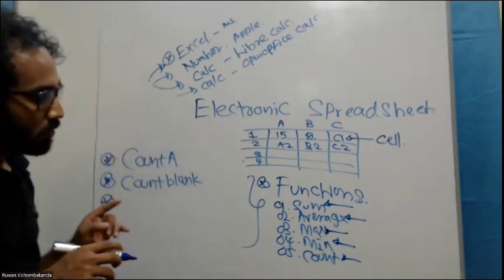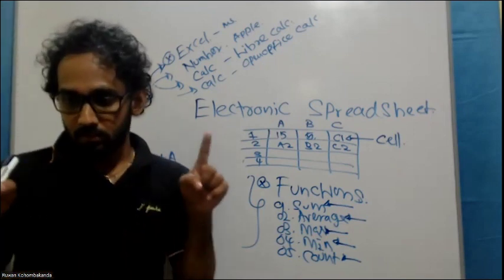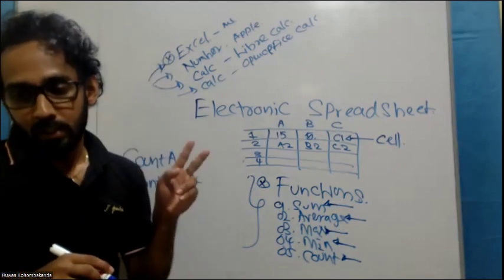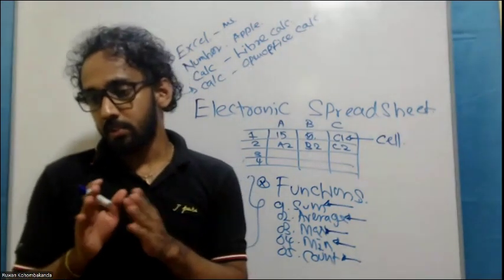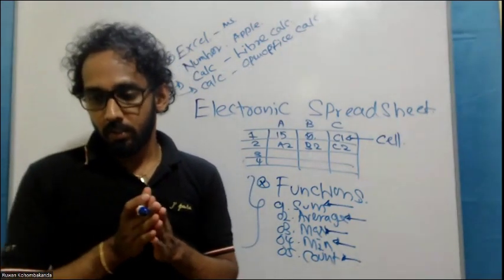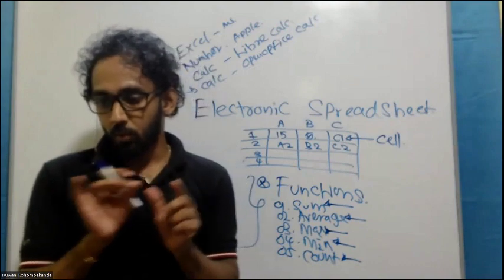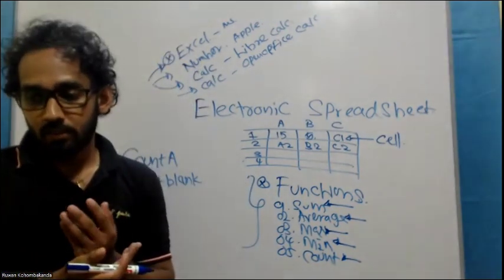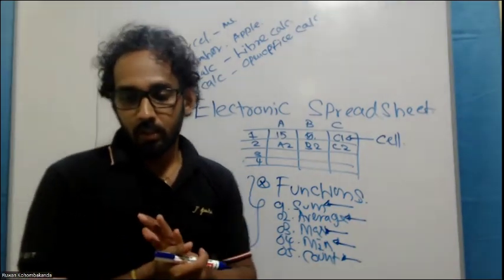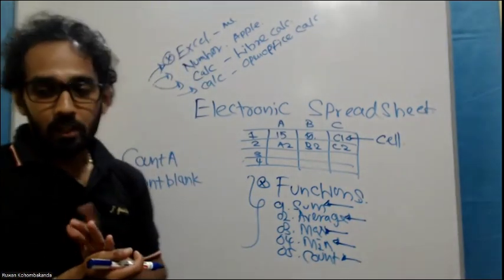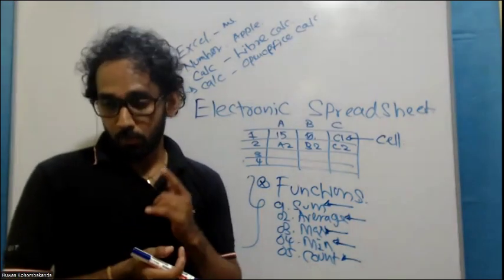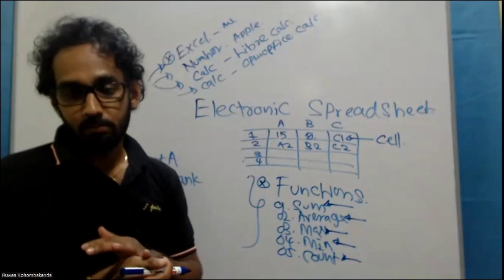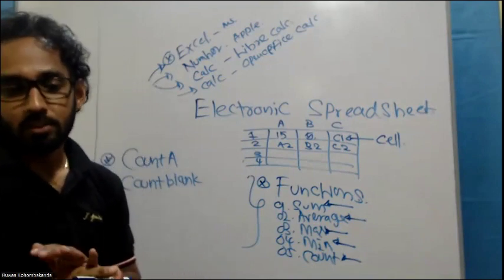And also we talked about some special features in an electronic spreadsheet: title bar, quick access toolbar, tabs, ribbon, commands, groups, control button, name box, formula bar, status bar, view buttons, zoom controls.